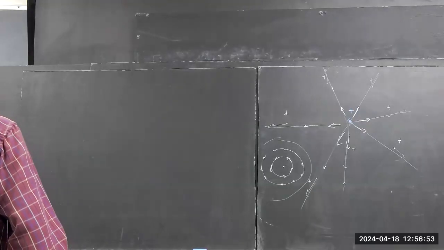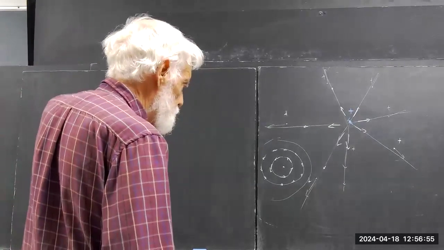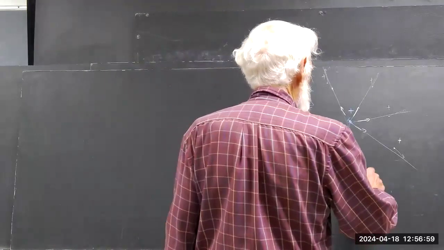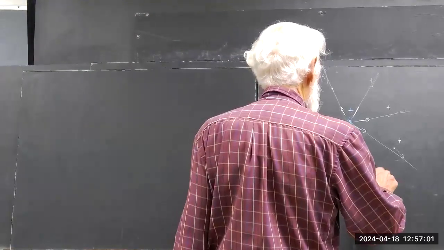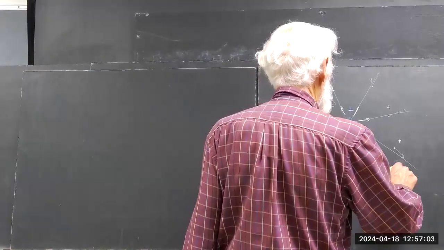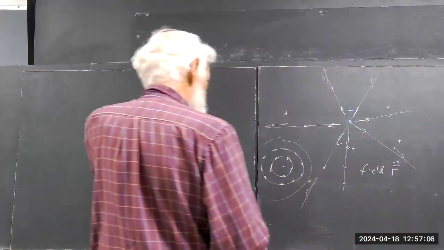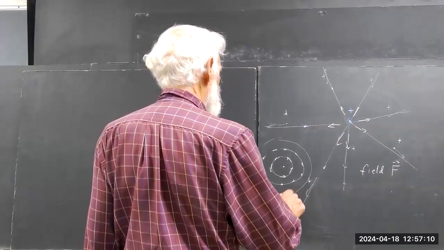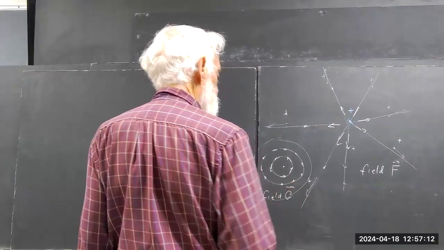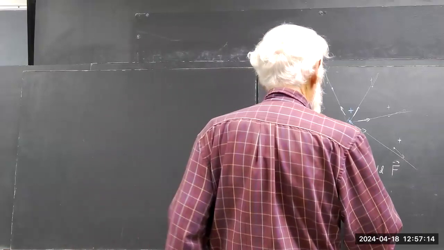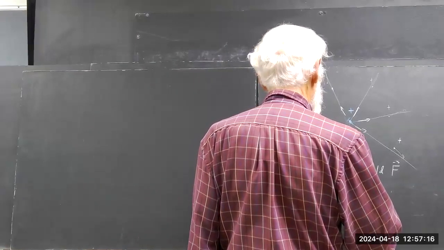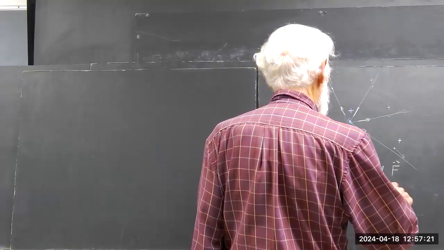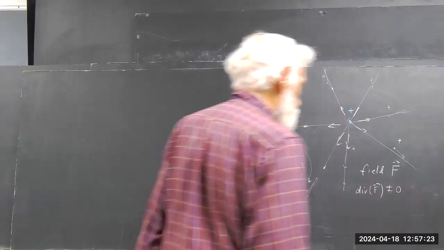Okay. Well, the important thing is to remember that if this is a vector field F, and this is a field G, then the divergence of F is non-zero.